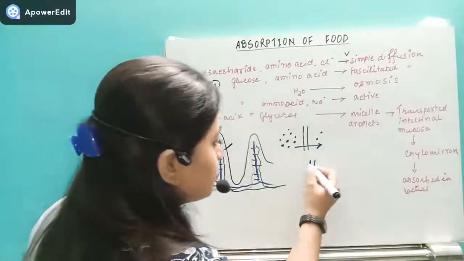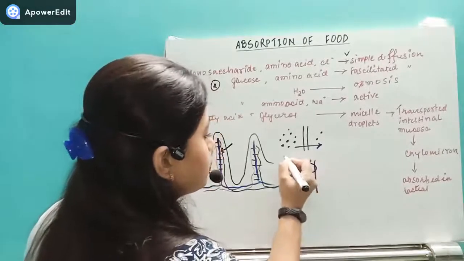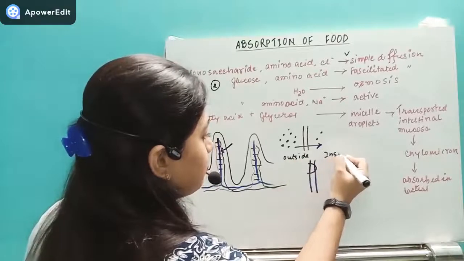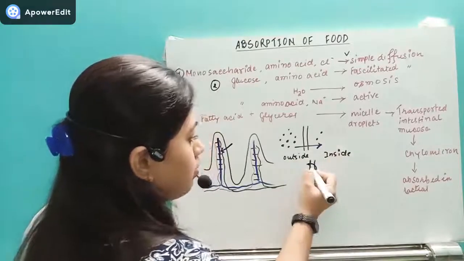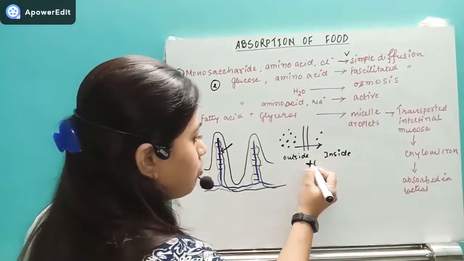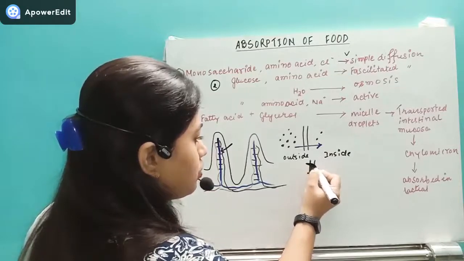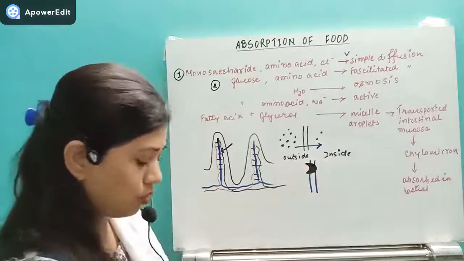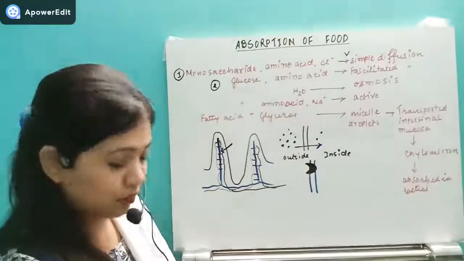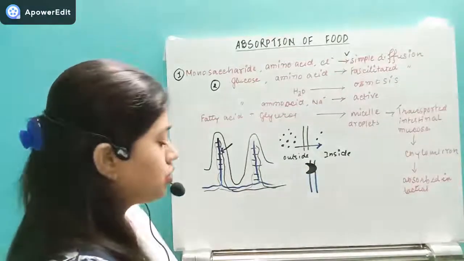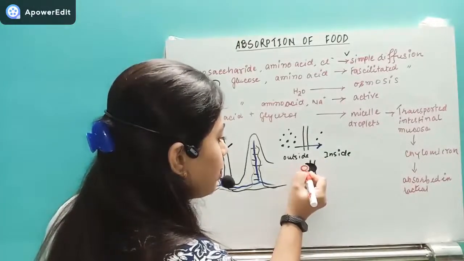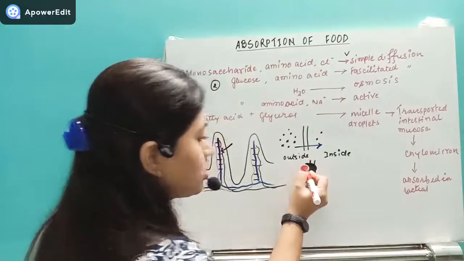So just see, this is one transporter protein. Suppose this is the outside and this is the inside. Here we have one transporter protein, present like this. Suppose this is one glucose molecule. This glucose molecule will be able to bind with the transporter protein this way.